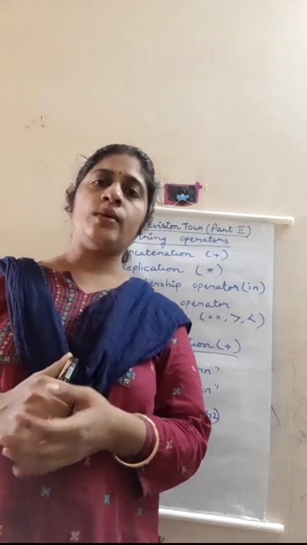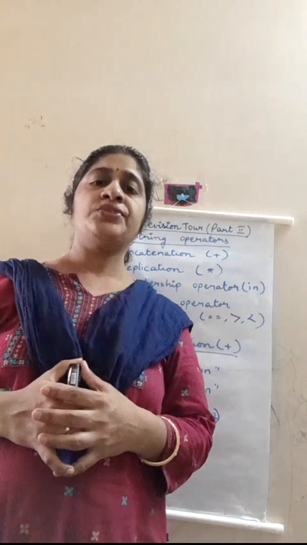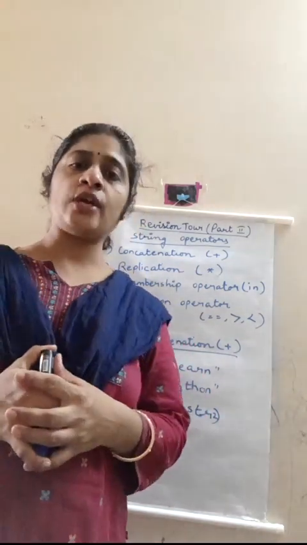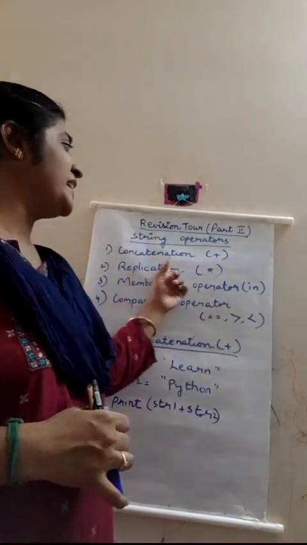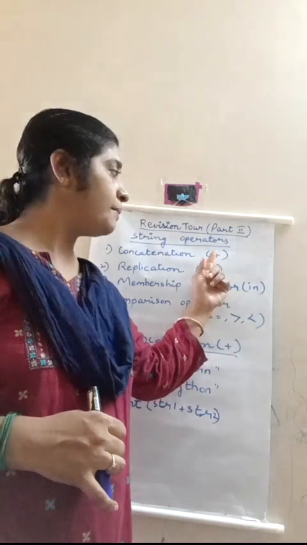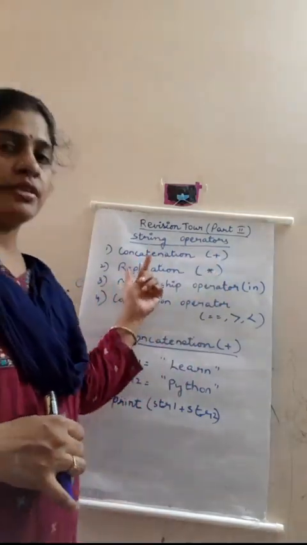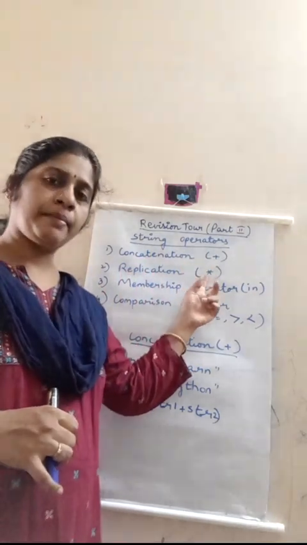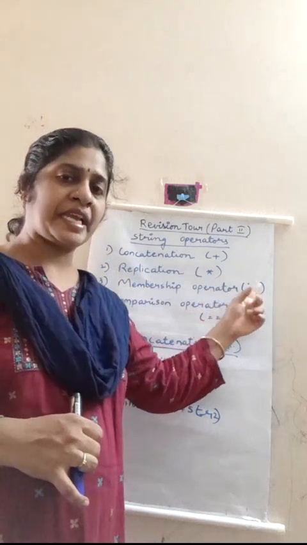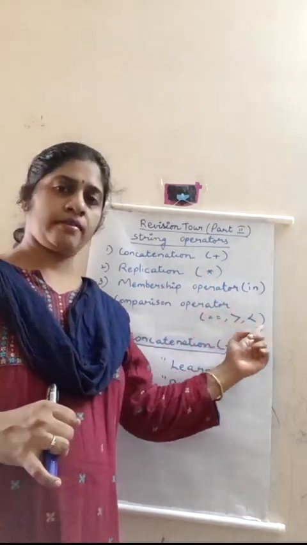Now we will see what are the operators that we can apply on strings. The different string operators are the concatenation operator, where we will be using plus; the replication operator, into; the membership operator, in; and the comparison operators, equal to, greater than or less than.